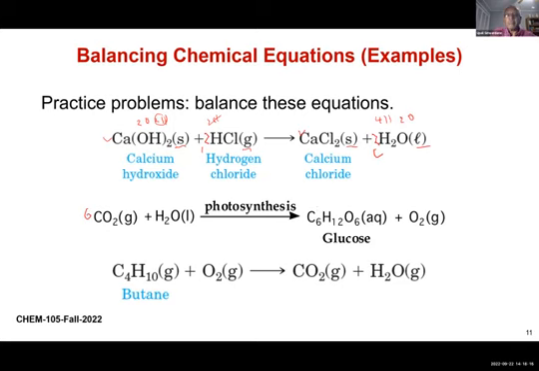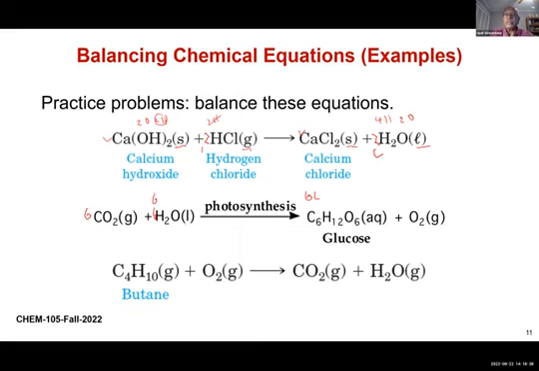6 carbons here. Now you go to the hydrogen. There are 12 hydrogens here. Therefore, you have to put a 6 here. 6 times 2 is 12.